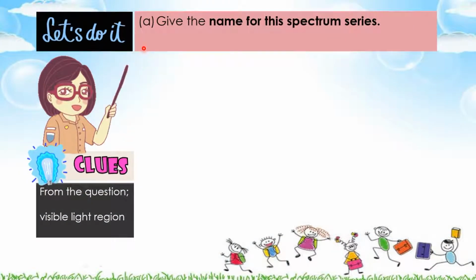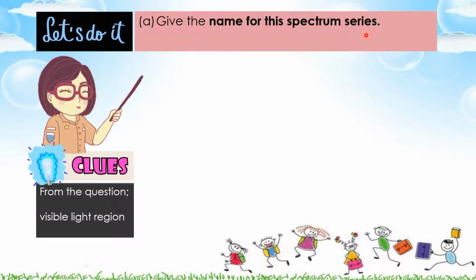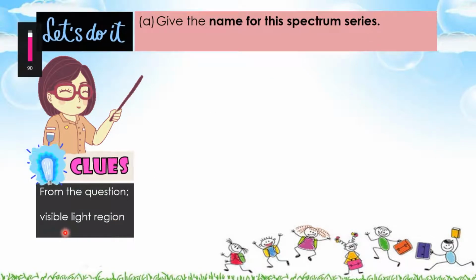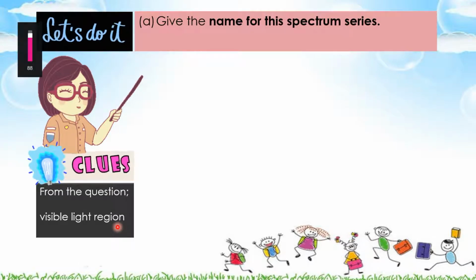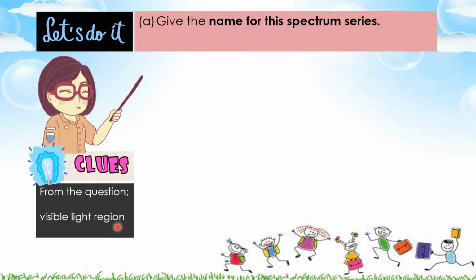For the first question A, give the name for this spectrum series. As already mentioned in the question, the clue is the visible light region. So you have to remember all the 5 series. Here I will share the easiest way to memorize all the 5 spectrum series.